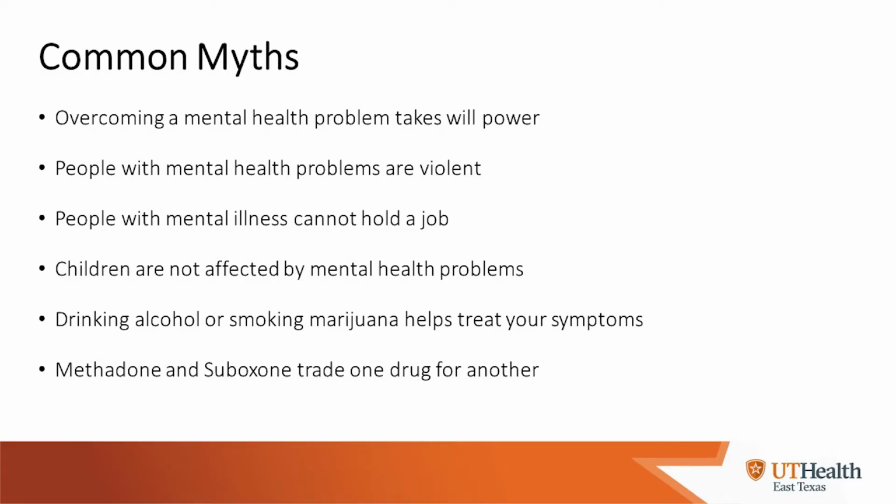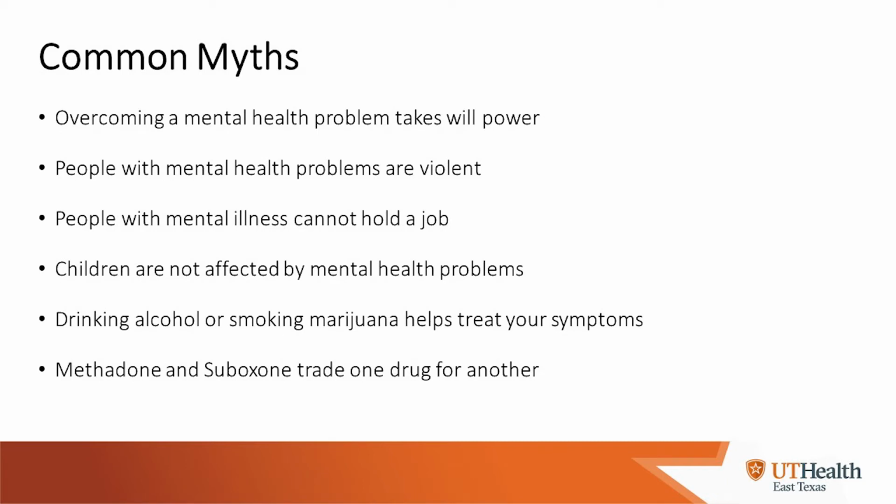The next thing is many people think that children are not impacted by mental health problems. And then again, that is inaccurate. About 50% of mental health problems actually start around the age of 14 or even sooner. So many people also, I hear, believe drinking alcohol or smoking cannabis, marijuana is the other term for it, helps their mood or their anxiety.